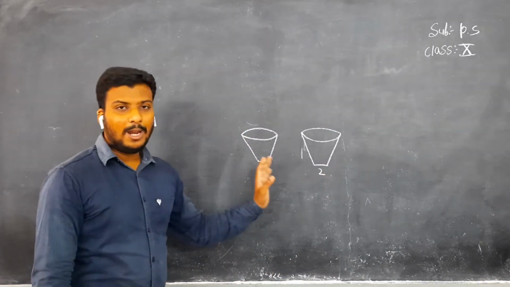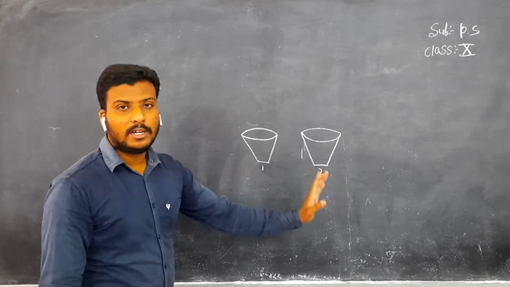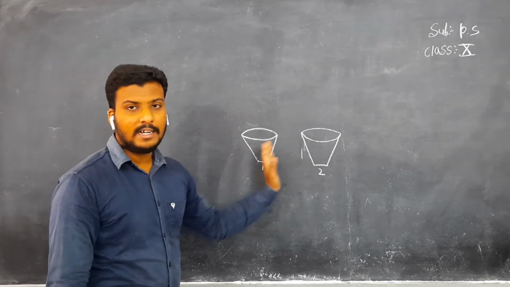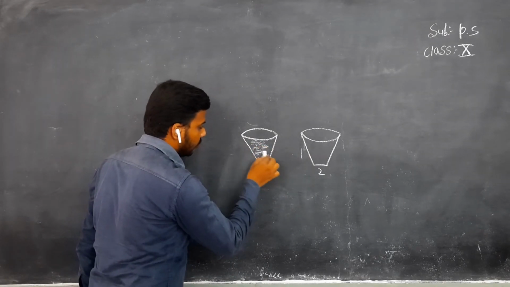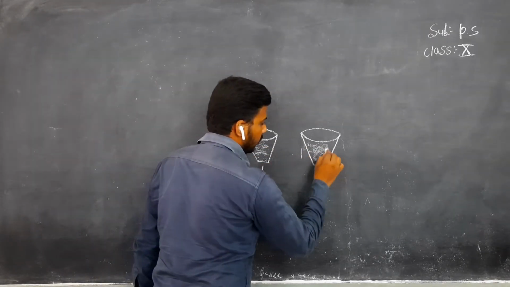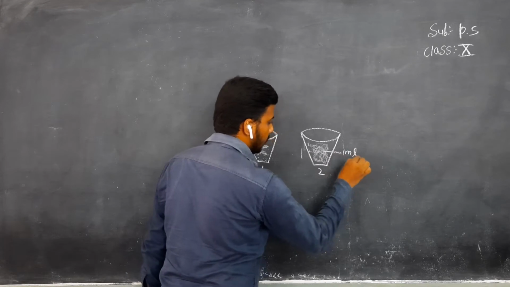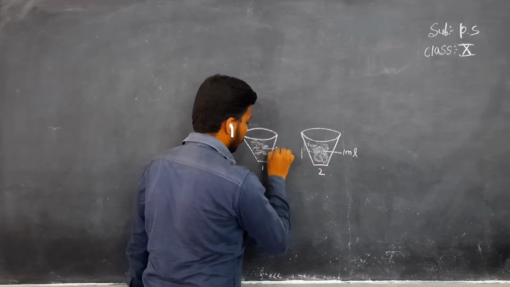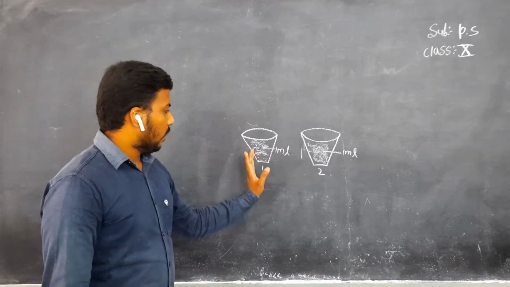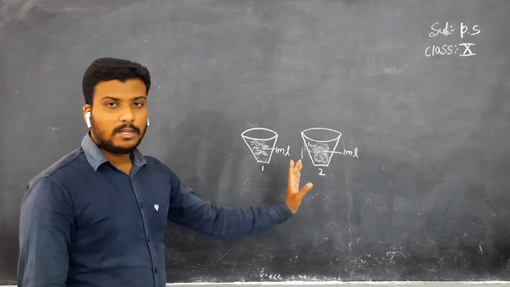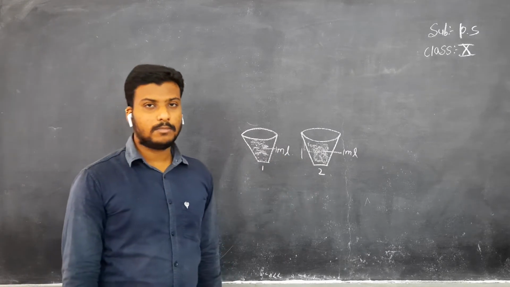Take 1 ml of spirit in both the petri dishes separately. Okay, you have taken 1 ml of spirit in both the petri dishes separately.